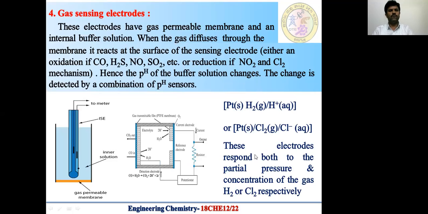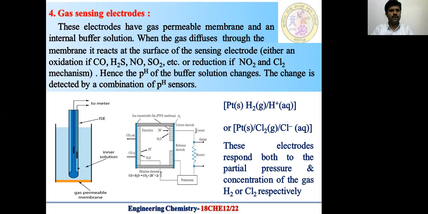So let's move to another type of ion selective electrode, that is gas sensing electrodes. These electrodes have a gas permeable membrane and an internal buffer solution. When the gas diffuses through the membrane, it reacts at the surface of the sensing electrode.